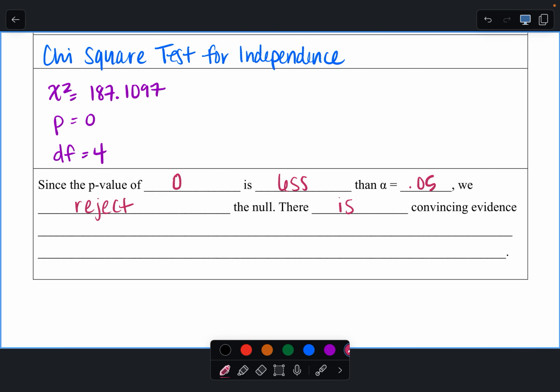And here is where I'll give a little more context to the specific population. This is specifically for RHS students. It did not sample from a larger population than RHS students. So: there is convincing evidence that anger level and GPA for RHS students are associated.